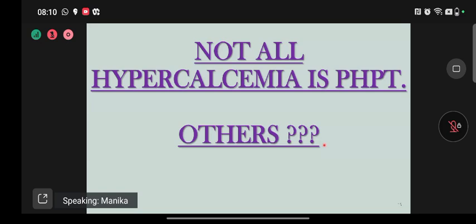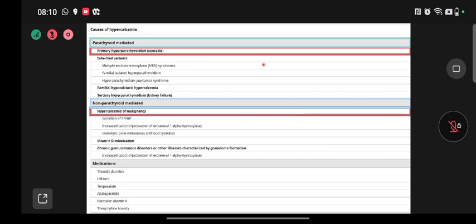Is not all hypercalcemia PHPT? There are other causes which are important to rule out. So the causes of hypercalcemia: primarily it is primary hyperparathyroidism, which is parathyroid mediated. Other inherited variants are MEN syndromes, that is MEN1 and MEN2A, FHH, and tertiary hyperparathyroidism.